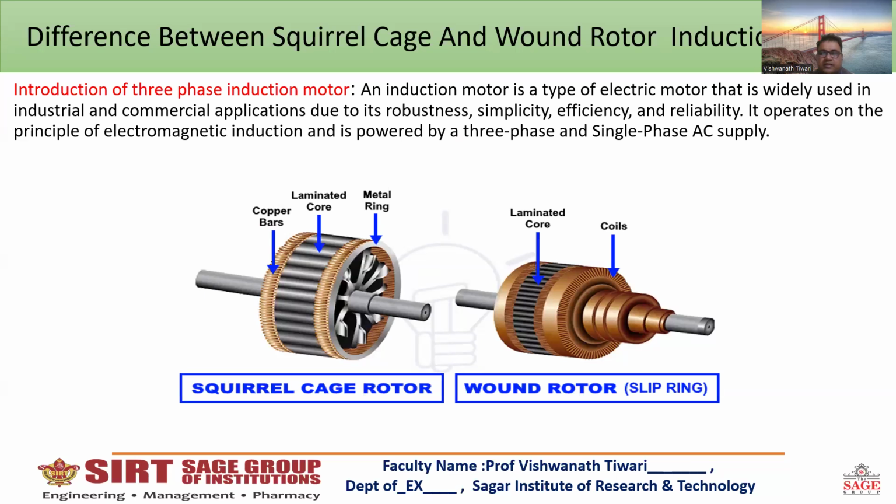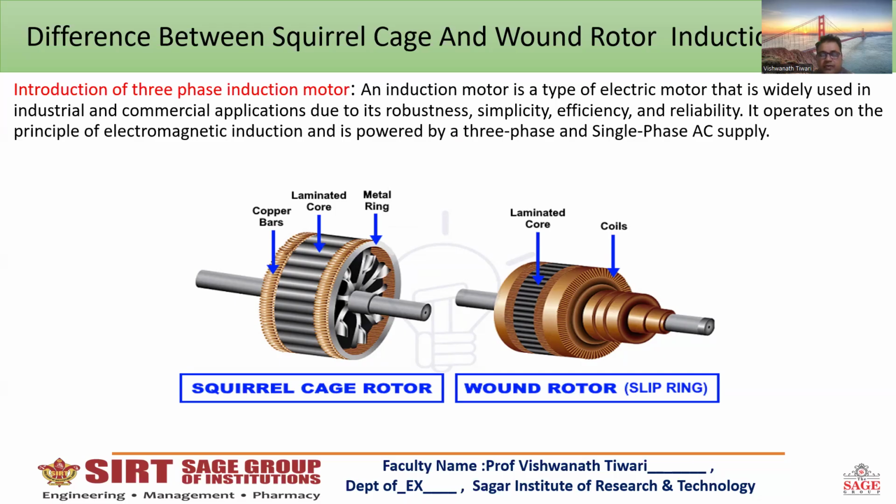The three-phase induction motor's basic principle is based on Faraday's law of electromagnetic induction. This machine is widely used in industrial and commercial applications due to its robustness, simplicity, higher efficiency and reliability.